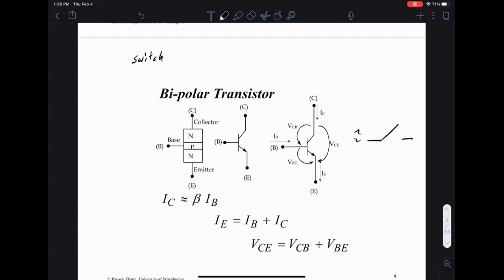So anybody know what's the other type of transistor we have? Bipolar is one. What's the other type? MOSFET. So why do we use bipolar?